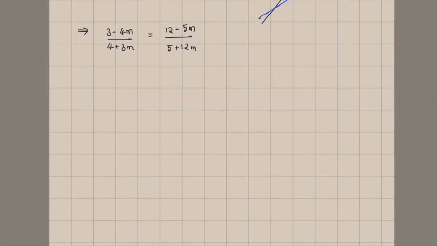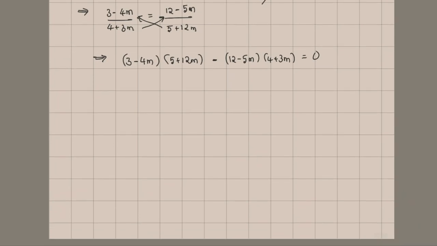Now you will get a quadratic: (3 minus 4m) into (5 plus 12m) minus (12 minus 5m) into (4 plus 3m) equals 0. I cross multiplied and took everything to one side, which gives this.